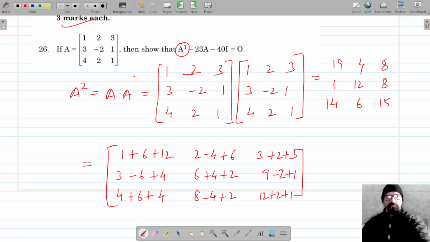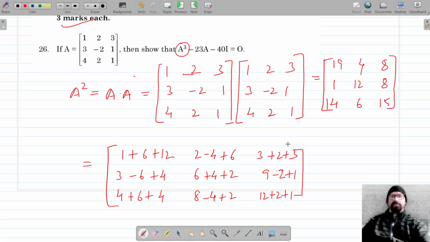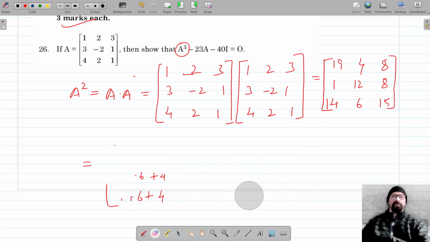So A square is 19, 4, 8, 1, 12, 8, 14, 6, 15. Now let's find out A cube, because A cube is required in this polynomial.